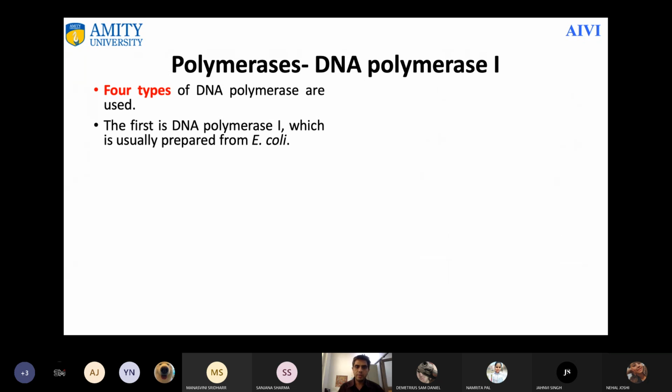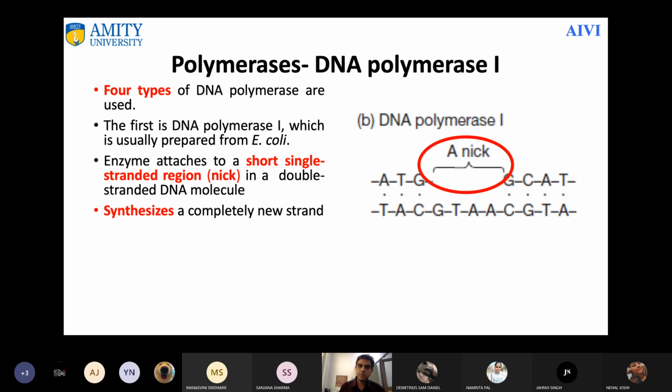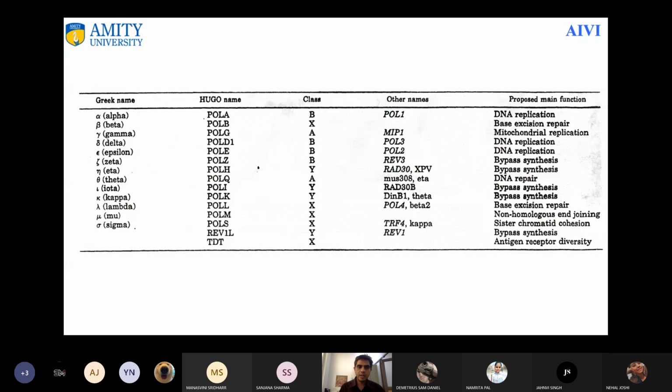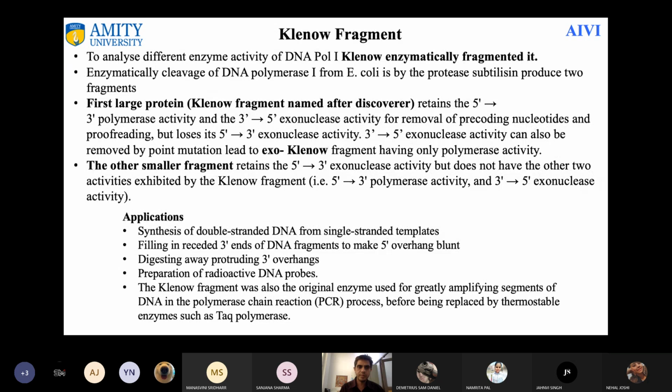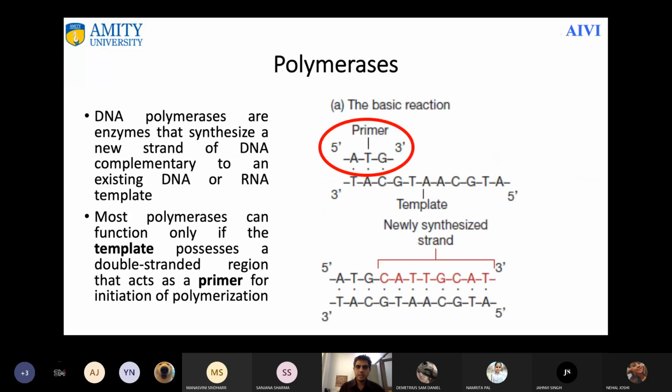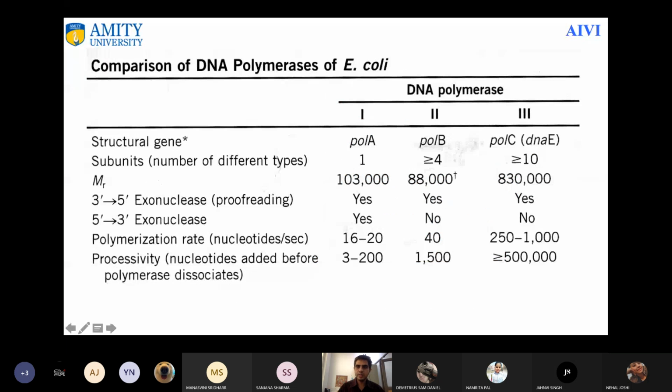And different types of polymerases: DNA pol 1, pol 2, pol 3, these are the three polymerases present in your bacteria. So from there we get these polymerases. And alpha, beta, gamma, delta are the polymerases found in the eukaryotic system. And then the fragmentation of DNA pol 3 that we talked about, here you can see different types of activity, that is polymerase or nuclease activity.